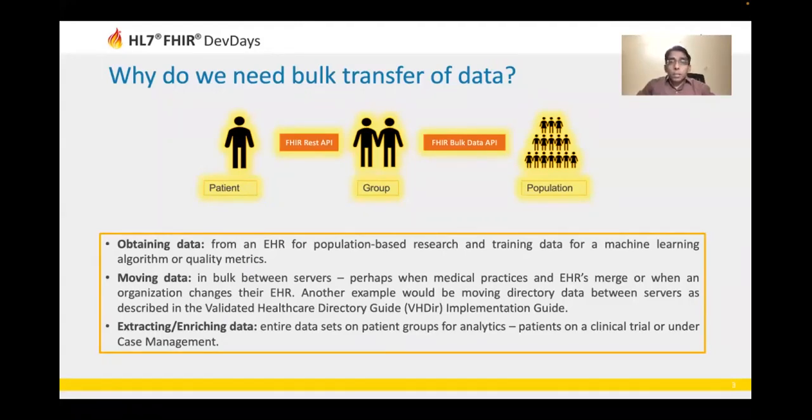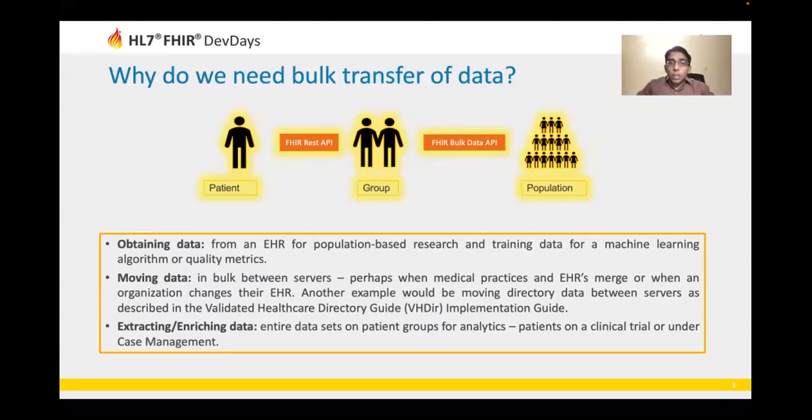But when we really need to work on bulk data, which belongs to the entire population, then the traditional way of REST APIs doesn't serve the purpose because it cannot go exhaustive to cover the entire population. So it is required to do something differently to share this data.